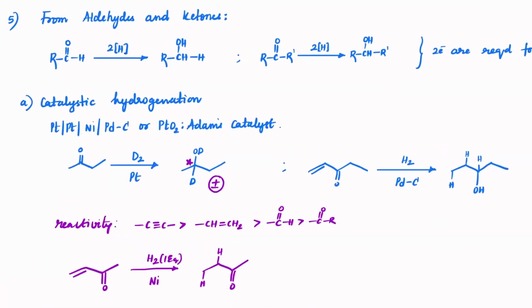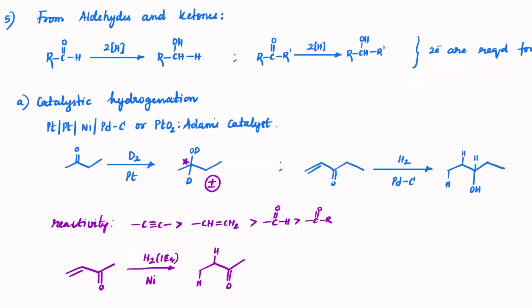Next, with aldehydes. Okay, now this is the area from here up to the fourth one. All the reactions were repeated ones. Most of them we have seen before. Got it? Now, look at aldehydes and ketones. We learn thoroughly. From aldehydes, if you want to convert into an alcohol, we require two nascent hydrogens to add, one here and one here.